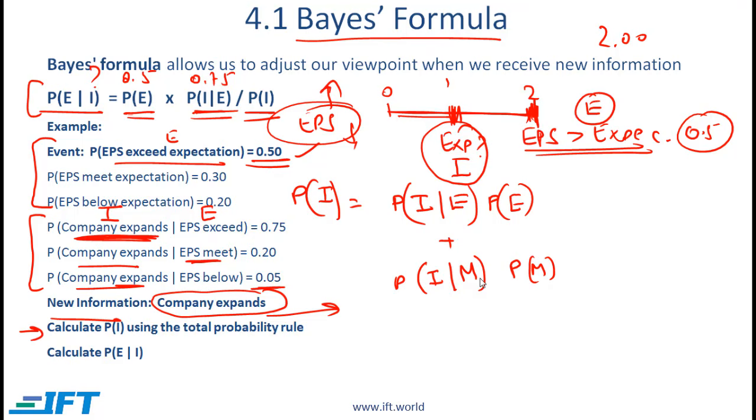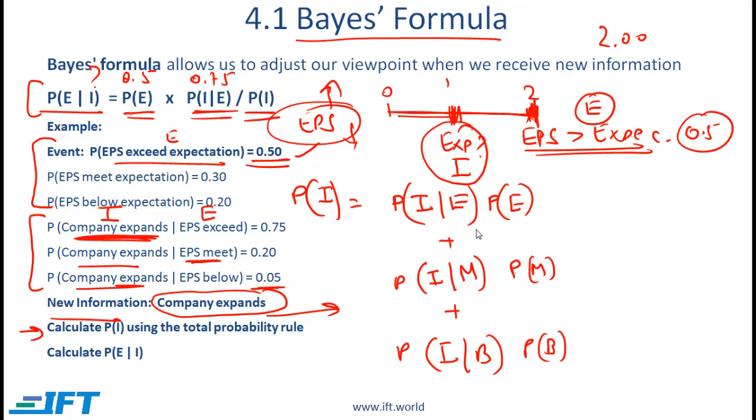We'll express that event as M, and then plus the probability of I given B, where B is the situation where EPS is below expectation, times the probability that EPS is below expectation.